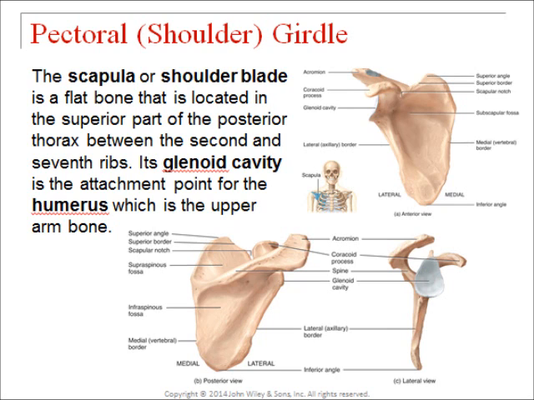Just below the superior border, you notice we have this large flattened area, which we'll call the supraspinatus fossa of the scapula, in purple. We also have a very large projection on the posterior scapula view, and that large projection in green is called the scapular spine.